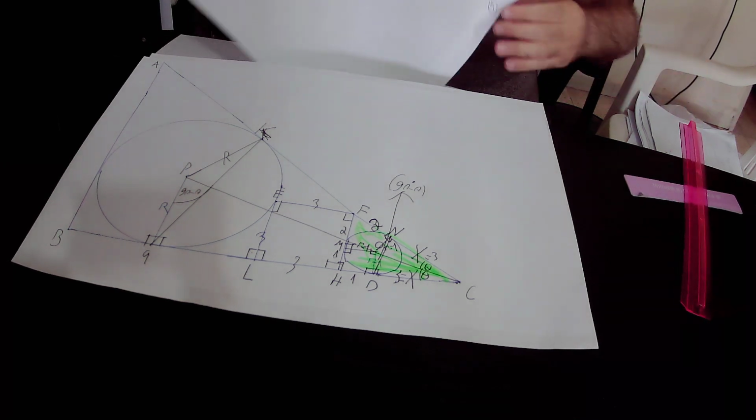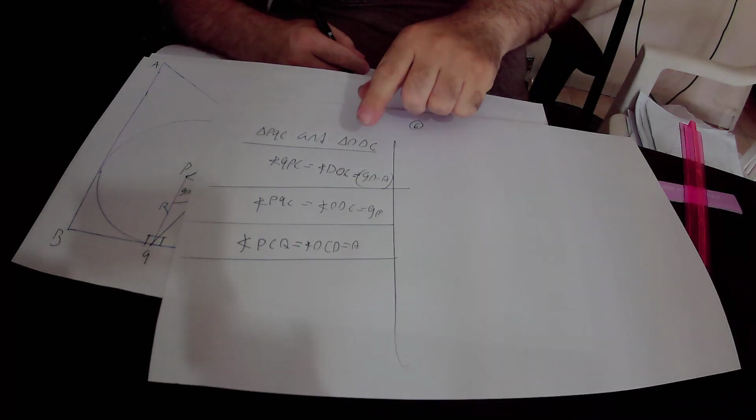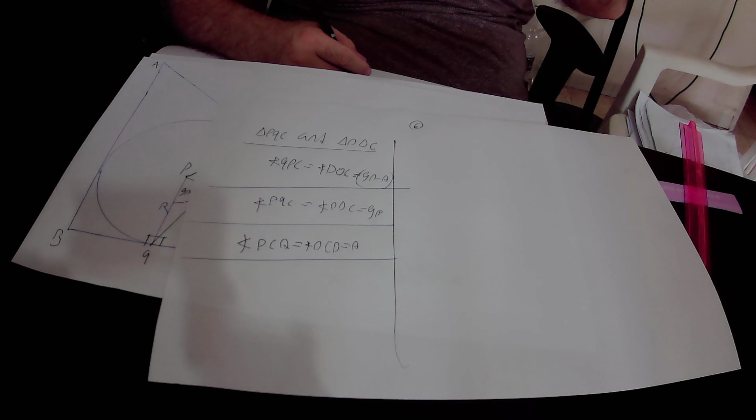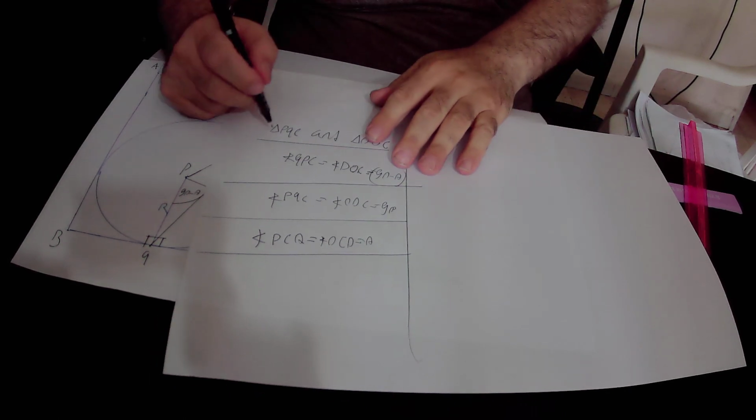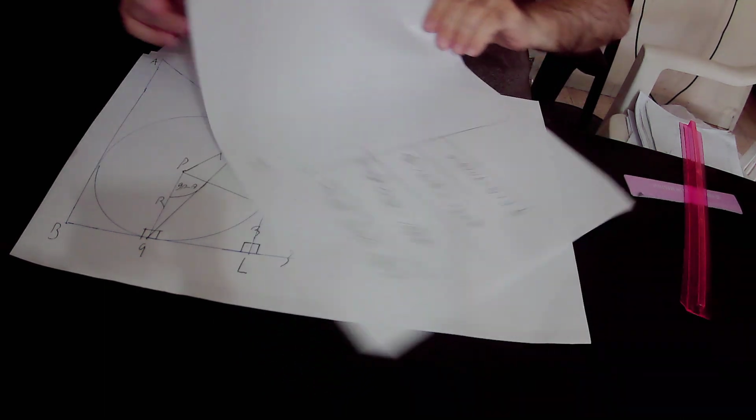So here we call angle theta by two different names, and we state that angle theta equals itself. It's a common angle that belongs to both triangles.